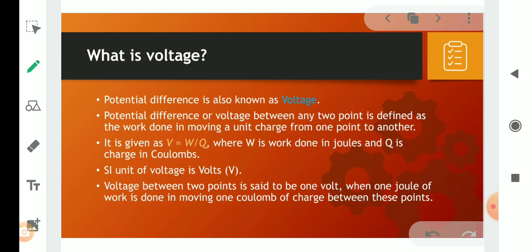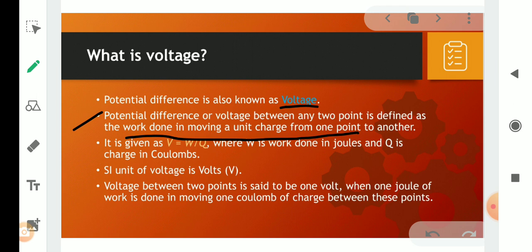Potential difference is also known as voltage. You can see the definition here which I have told. The voltage between any two points is called potential difference. So what is potential difference? It is defined as the work done in moving a unit charge from one point to another point.